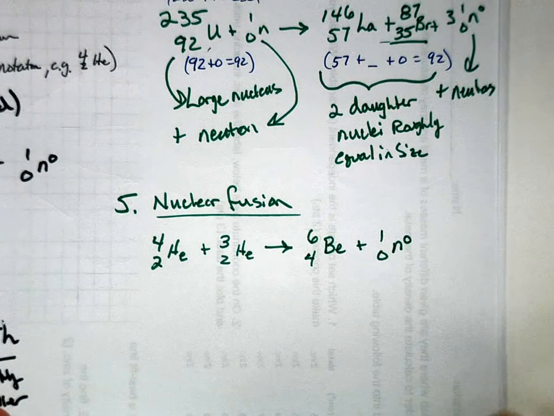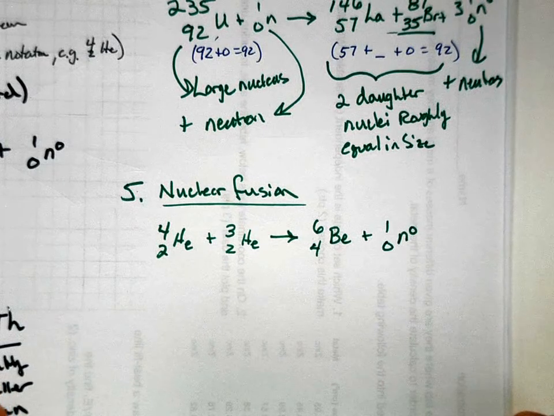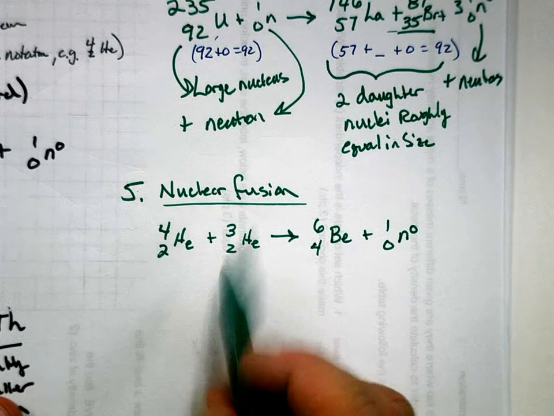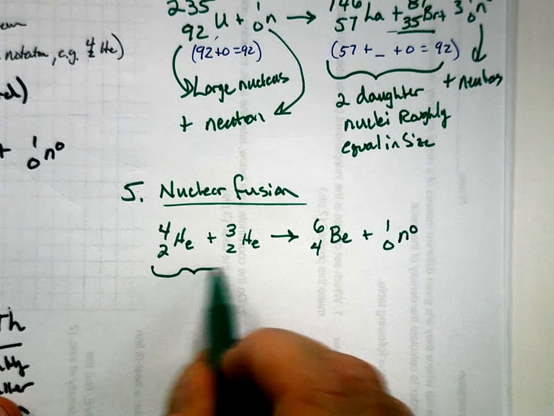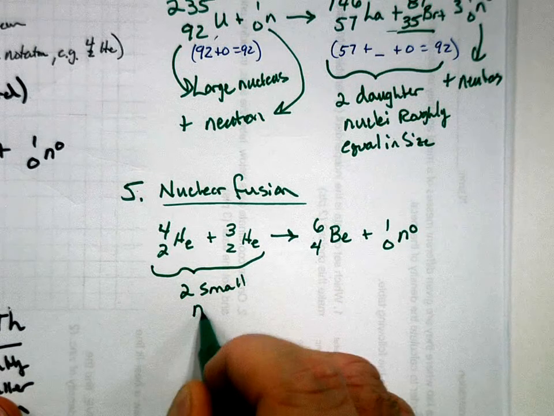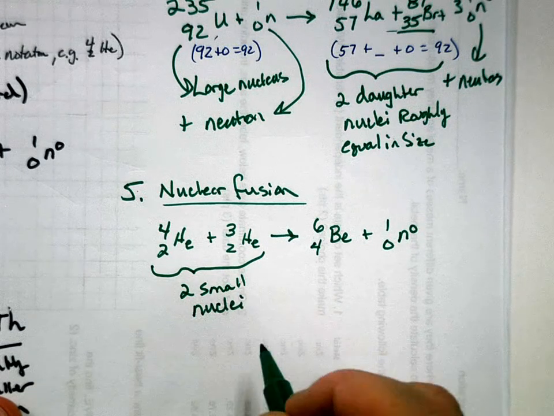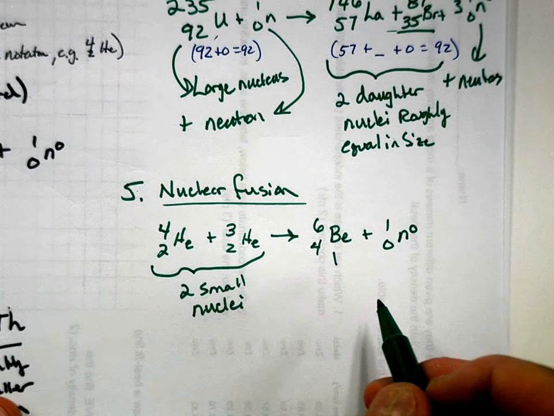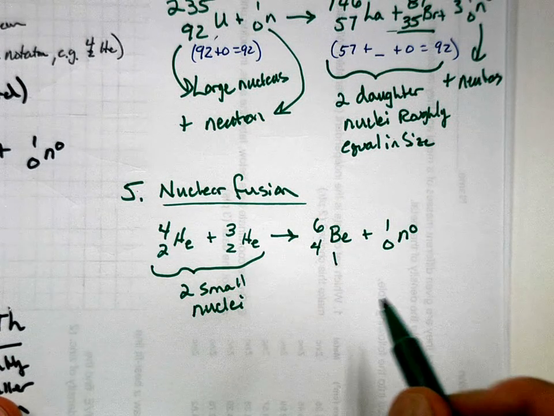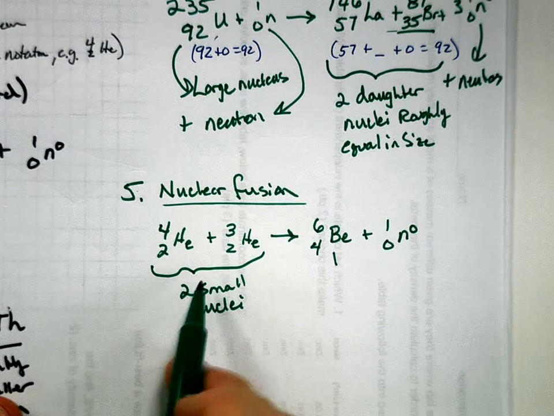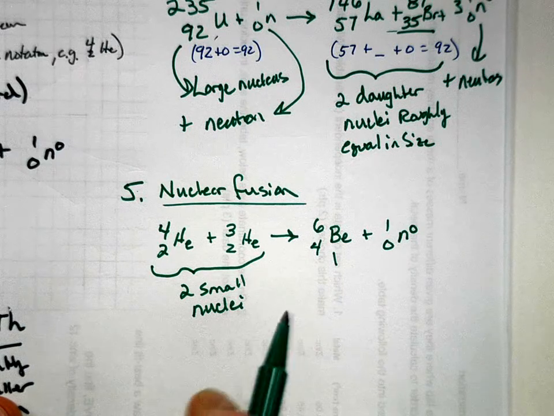Okay, fusion doesn't just happen between hydrogens. It happens between two really small nuclei on the left. Helium will also fuse. It's fusing right now in the sun. Hydrogen and helium are the two that fuse.